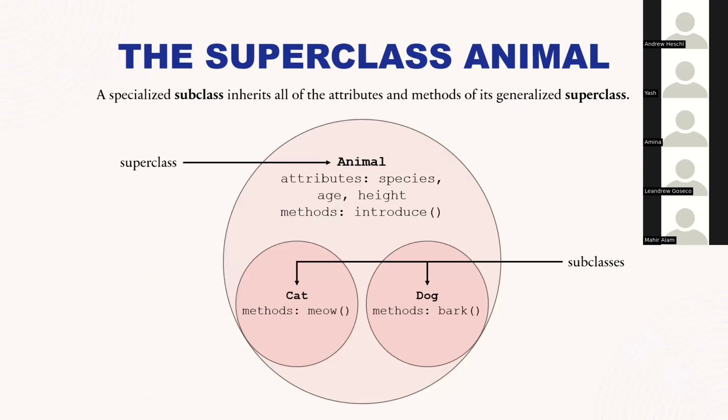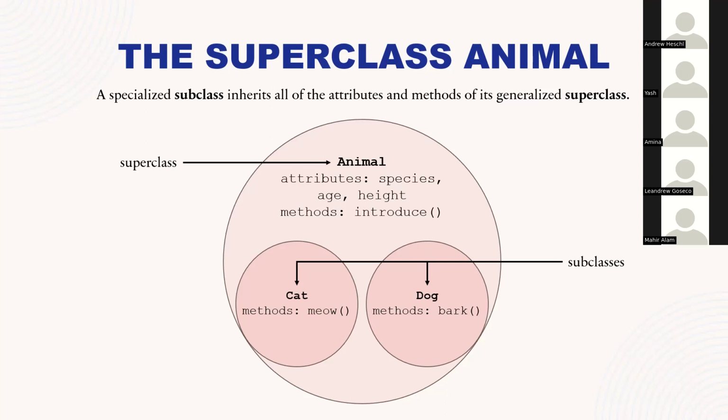Okay, so for our first example of inheritance, let's consider three different classes: cat, dog, and animal. So clearly cat and dog are just more specialized versions of animal. A specialized subclass, like cat or dog, inherits all of the attributes and methods of its more generalized superclass, which in this case is animal.